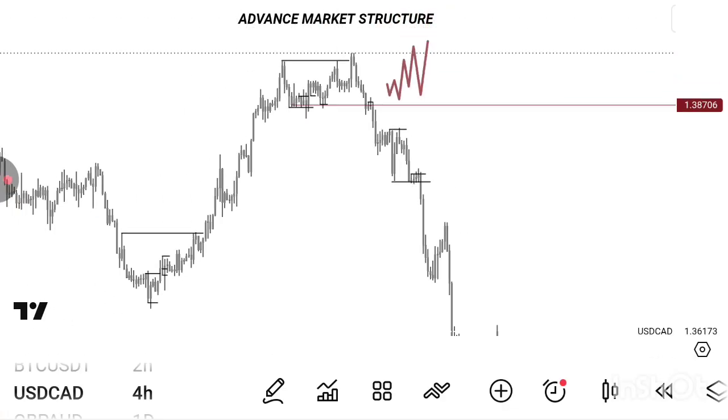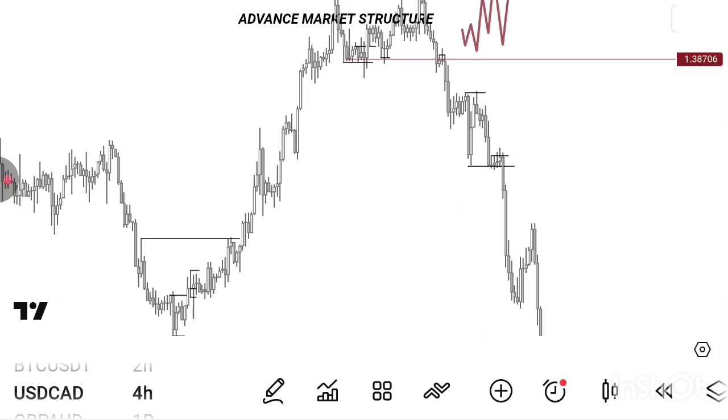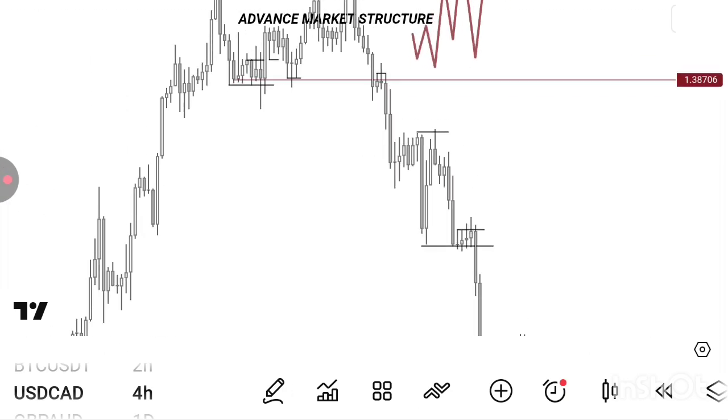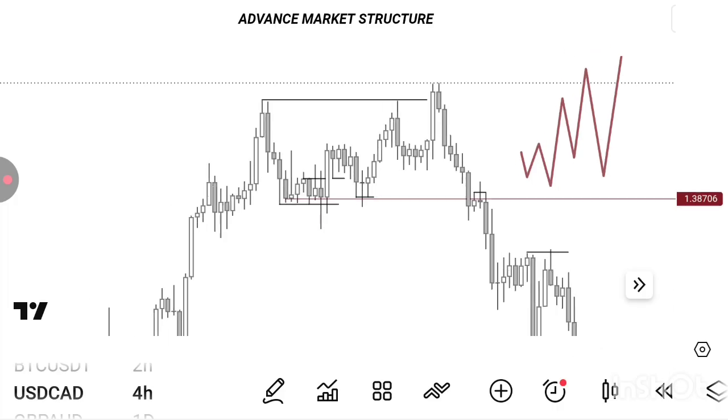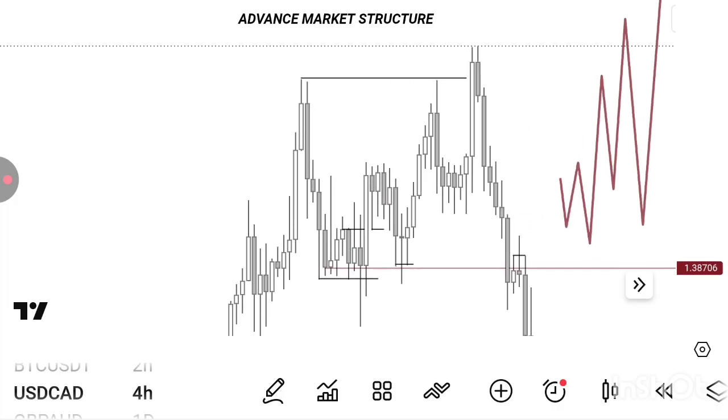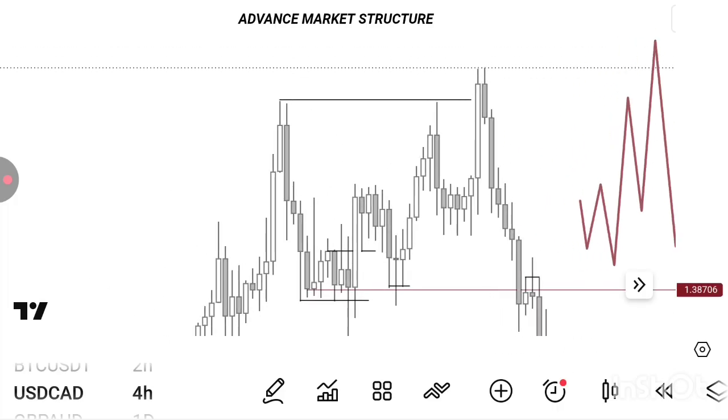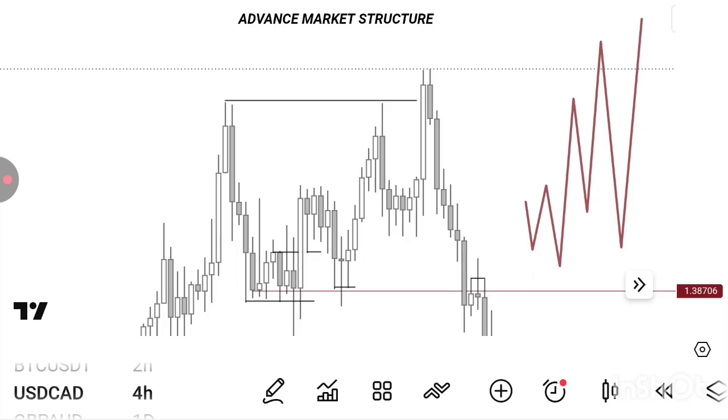But price does not move in a straight line. If you understand advanced market structure, you will not be caught up in what? Unnecessary losses.